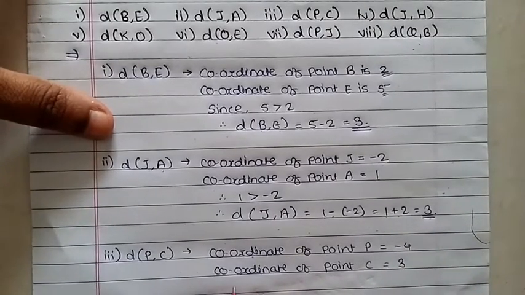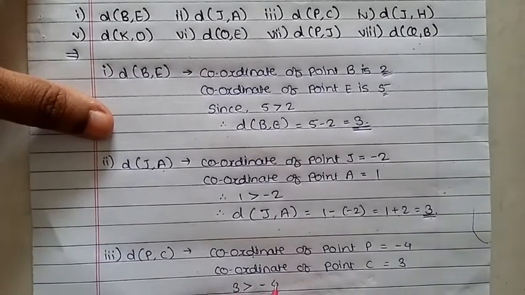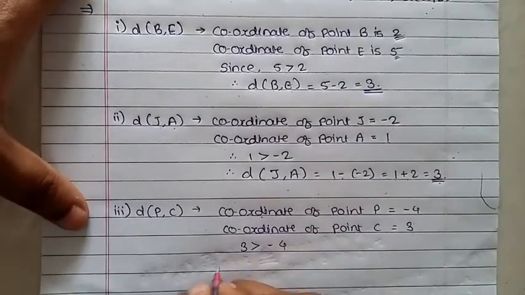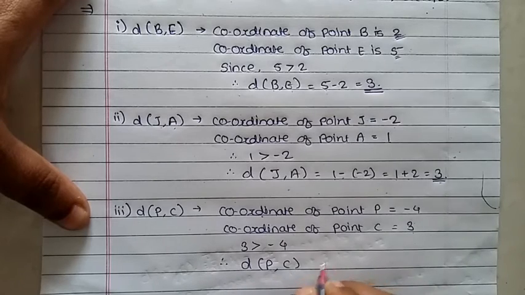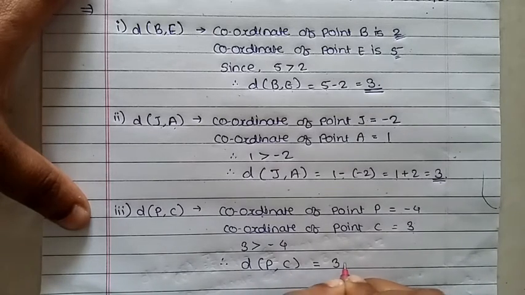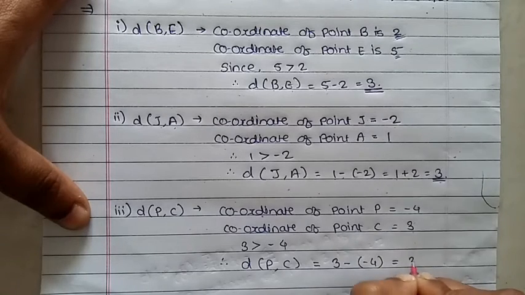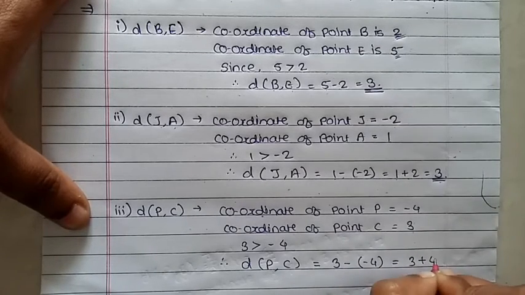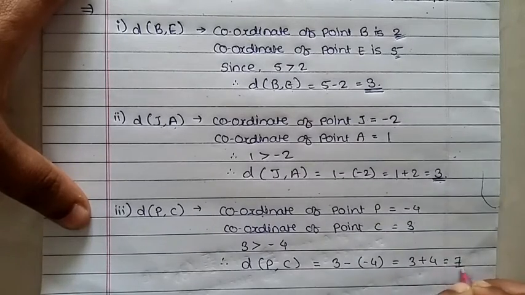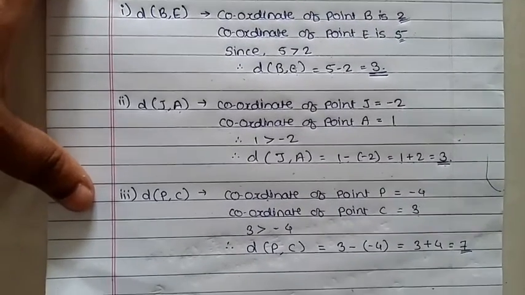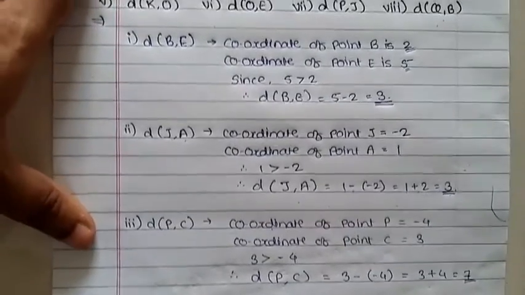Which is the greater? 3 is greater than -4. So the distance between P and C is equal to 3 minus (-4), the minus gets converted into plus 4, which is 3 plus 4, that is 7, and this is your answer. Clear? Understand this one? This is the third.